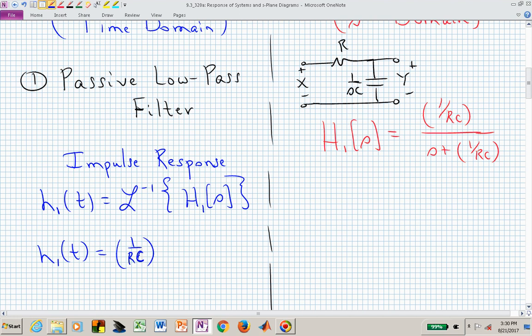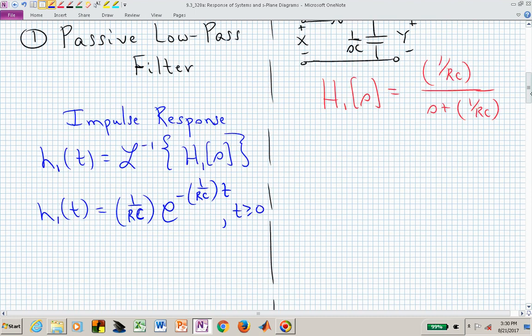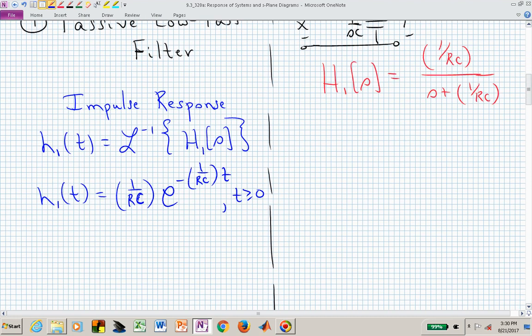That 1 over s plus a pole in the time domain looks like e to the minus pole location, which in this case is 1 over RC times t, and this is true for t greater than or equal to 0. That's what we have for our impulse response.